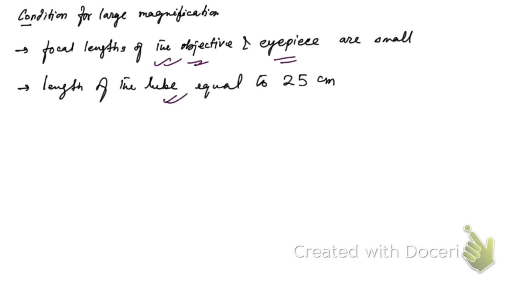And if the tube length is equal to 25 centimeter, then magnification will be large. You can increase the tube length more than 25, but the image will not be clear in that case. We need a clear picture, that's why we keep it up to 25 centimeter, which is the least distance of distinct vision, right? Hope you have understood this.